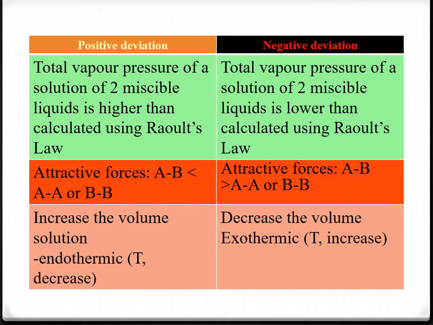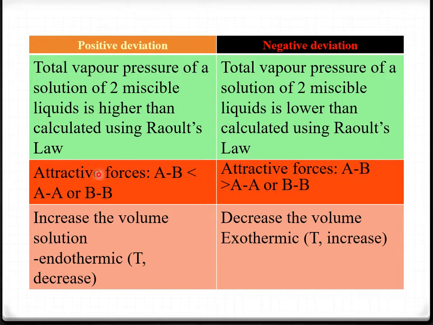From the table, we can see the difference between positive deviation and negative deviation. For the positive deviation, the total vapor pressure of a solution of two miscible liquids is higher than calculated using Raoult's law, and for the negative deviation, the total vapor pressure is lower than calculated using Raoult's law.